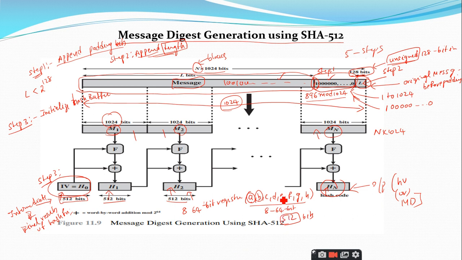And these registers, A, B, C, D, E, F, G, H are initialized to some default hexadecimal values. For example, if you take A, it is having something like 6A09E667 and so on. The entire value consists of 64 bits, and these are hexadecimal notations.